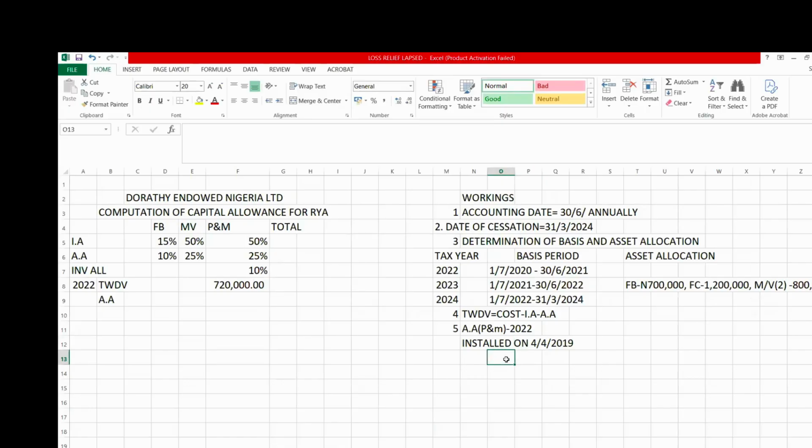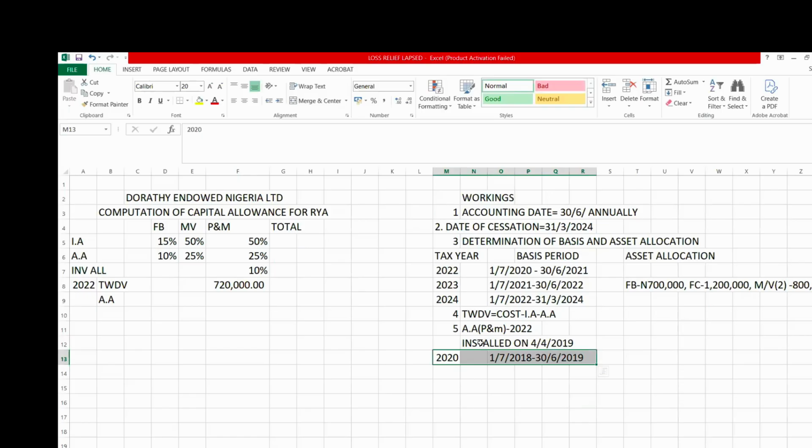So the basis period that this date is going to fall into will be 1 July 2018 to 30 June 2019, which will be for 2020 year of assessment, in line with the accounting date of this company.